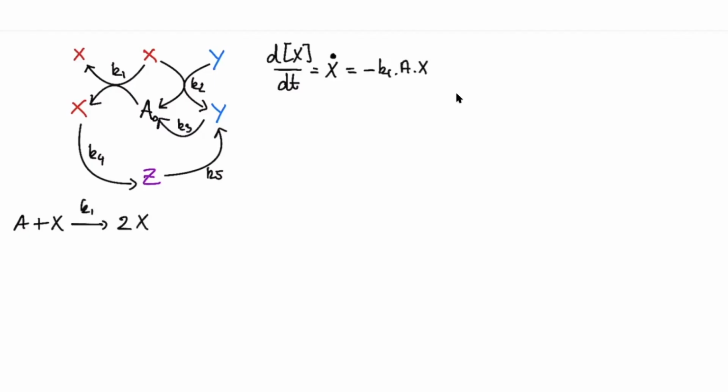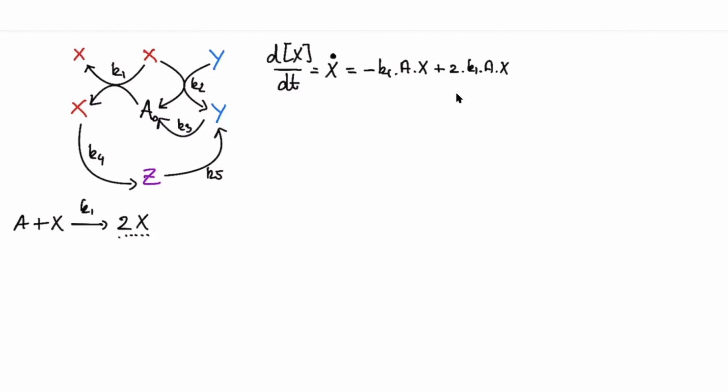Okay, but I also have the formation of x, right? So I have plus 2 times K1 times a times x. X is being consumed, but it's also being produced. Let's see where else x is involved.